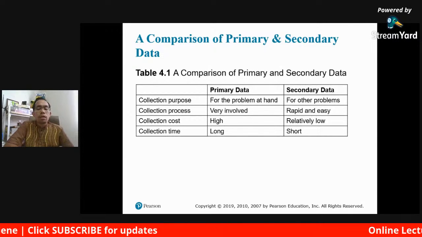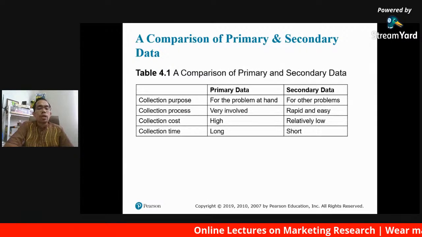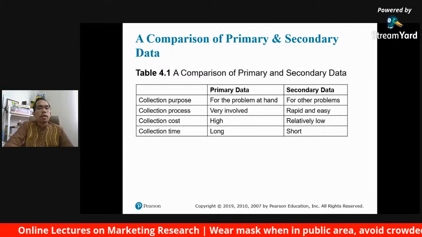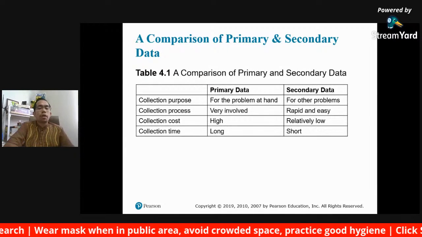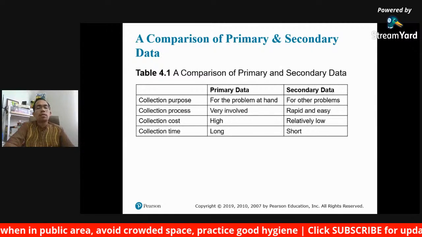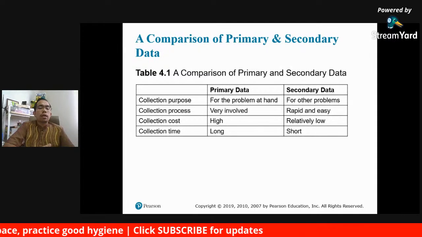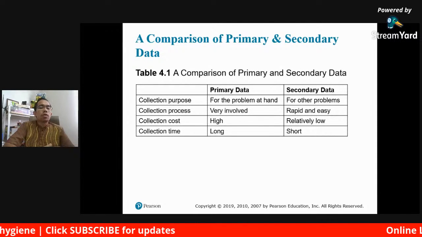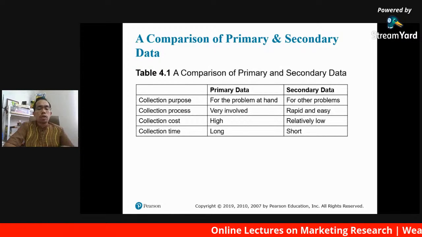In terms of the collection purpose, we are solving the problem that we are currently involved in. For example, in sales, we want to know the root cause of a declining sales situation.